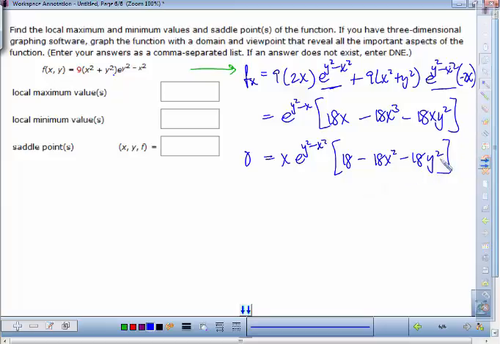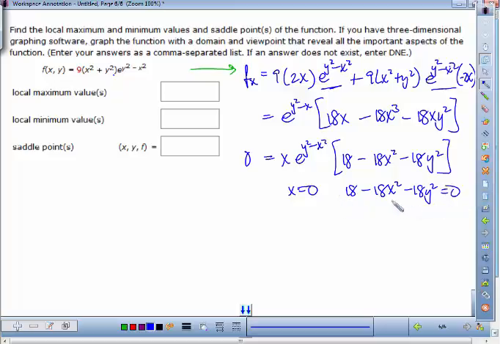Okay, so this might give me some idea that this could possibly be some circular sort of thing. And so either x is equal to 0 or the e to anything is never going to be equal to 0, so I won't even mess with that. And then I have 18 minus 18x squared minus 18y squared is equal to 0.